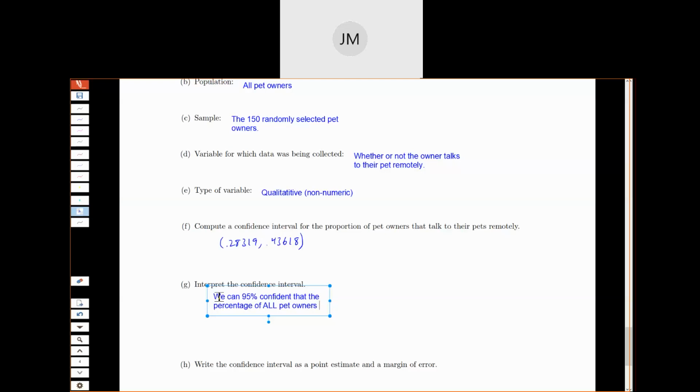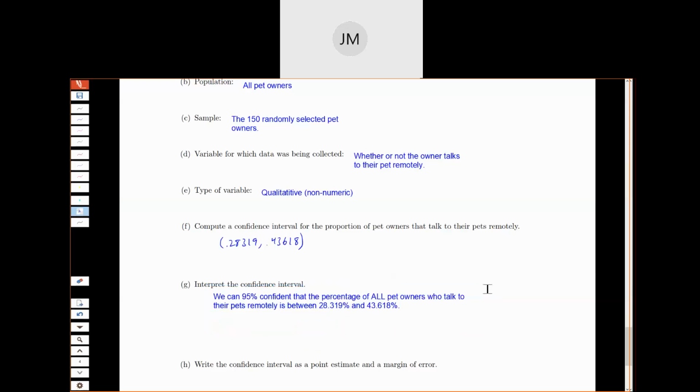So the percentage of all pet owners who talk to their pets is between, and I'm going to write those same two decimal numbers as a percentage, 28.319% and 43.618%. Talk to their pets remotely. I think that would be closer to 100% if it was just talk to your pets at all.